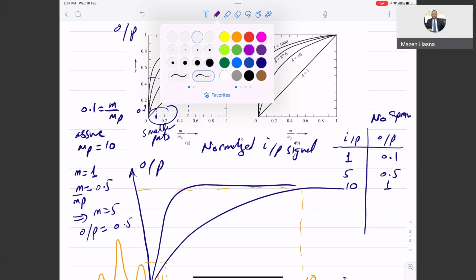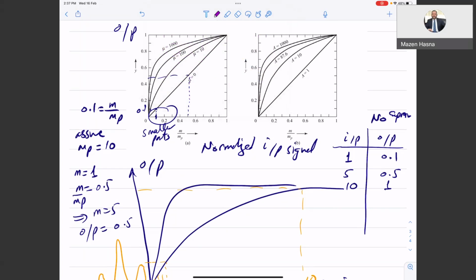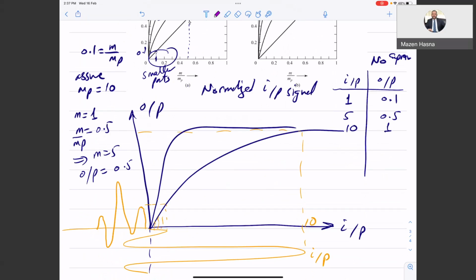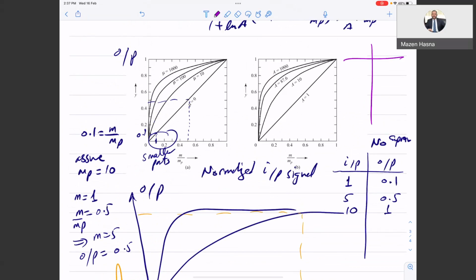So now let's use mu higher than 0. Let's use another table here, with m and output, for mu equals 100, let's say. When the input is 1 over 10, which is 0.1, the output is approximately 0.5. However, when m equals 5, which is 0.5, it's 0.7.